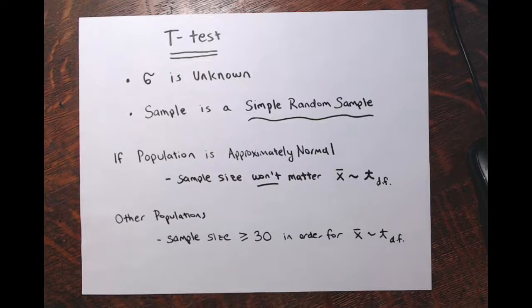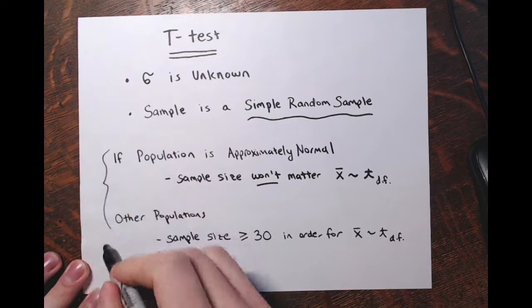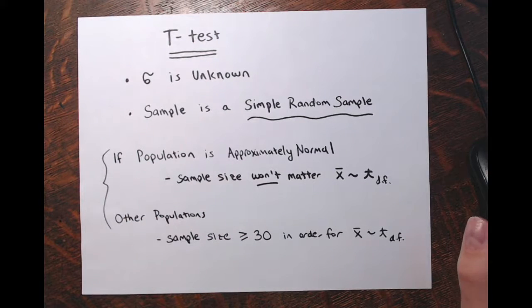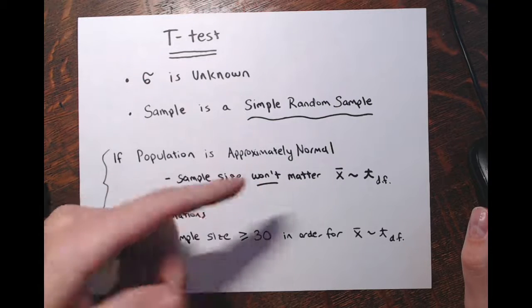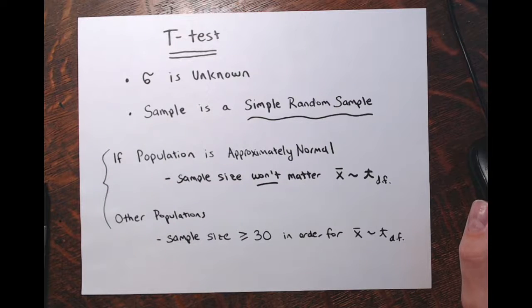So what kind of population you're pulling from matters, and if you have a certain kind of population distribution, your sample size will matter. But if the population is already normal or approximately normally distributed, then the sample size won't matter. The central limit theorem will still apply.